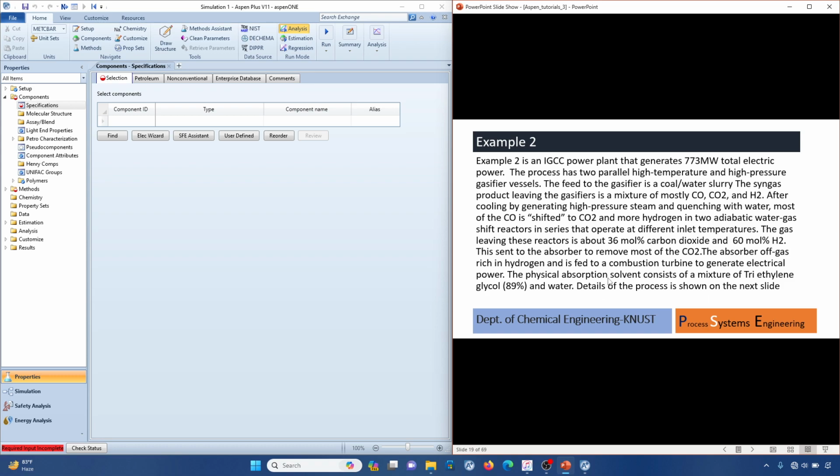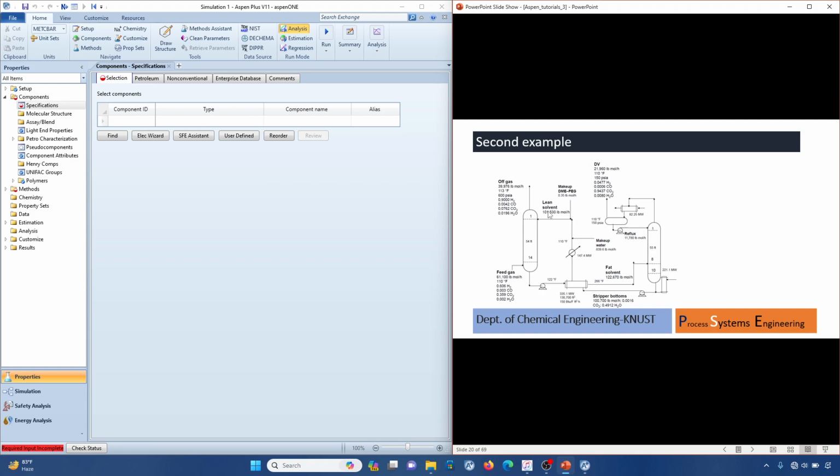This forms our solvent or liquid phase. The gas of interest is CO2, but it's in a multi-component stream consisting mainly of hydrogen and carbon dioxide. So we're going to solve this problem using Aspen Plus based on the flow sheet.